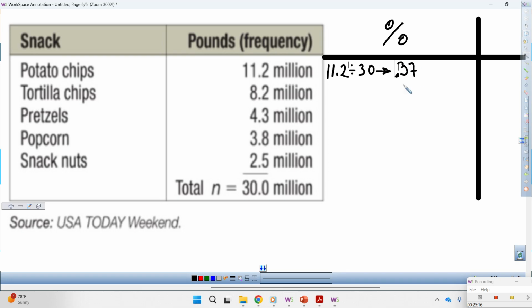That's 11.2 divided by 30 is 0.37, but then at the end we multiply times what? 100 to make it into a percent. That means we move the decimal twice, so that gives us what? 37%.